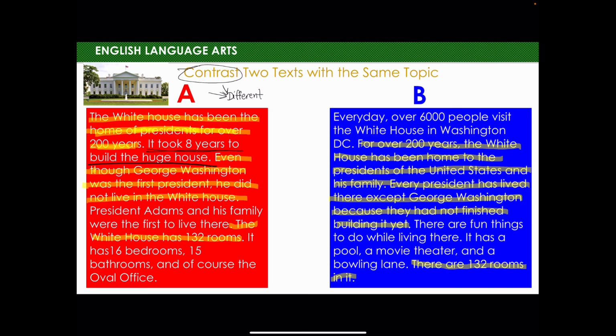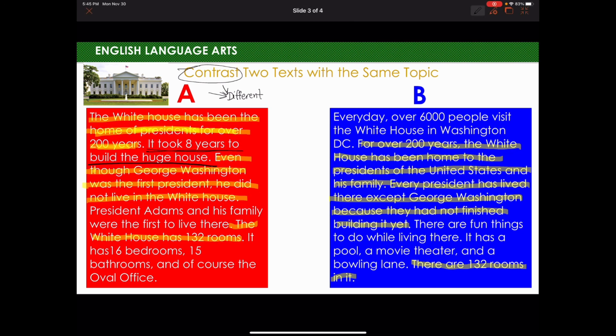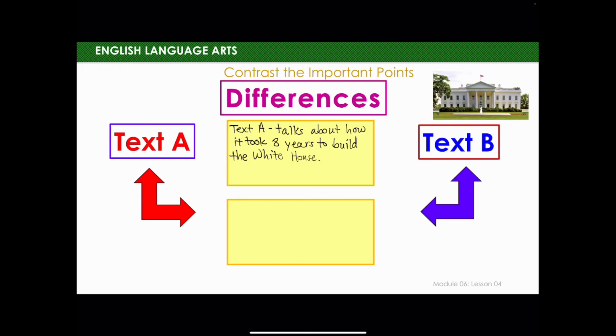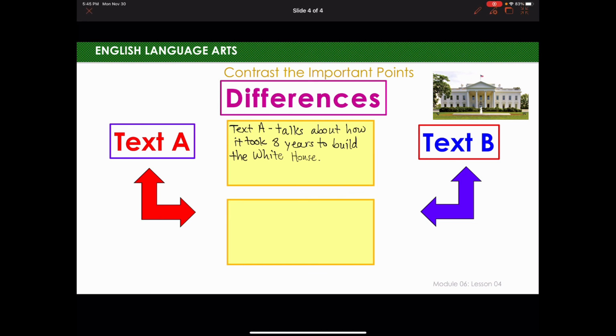Over here in paragraph B, it says that there are fun things to do while living there. It has a pool, a movie theater, and a bowling lane. Well, in paragraph A, it told us how many bedrooms and bathrooms there were, but it did not say that there was a pool, a movie theater, and a bowling lane. So that would be another way that these two texts are different.